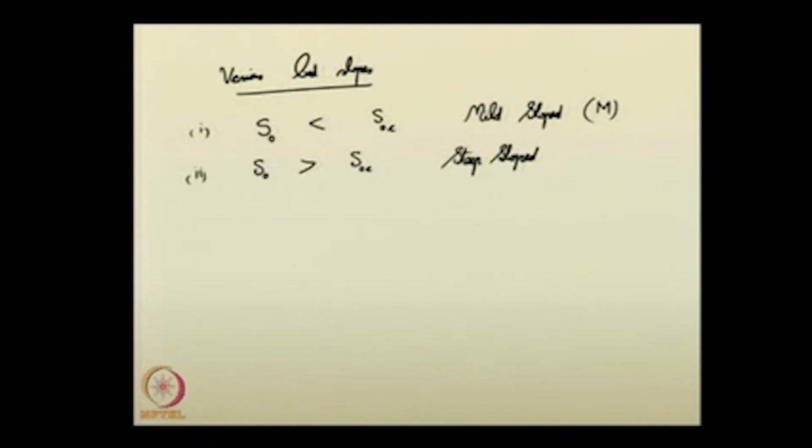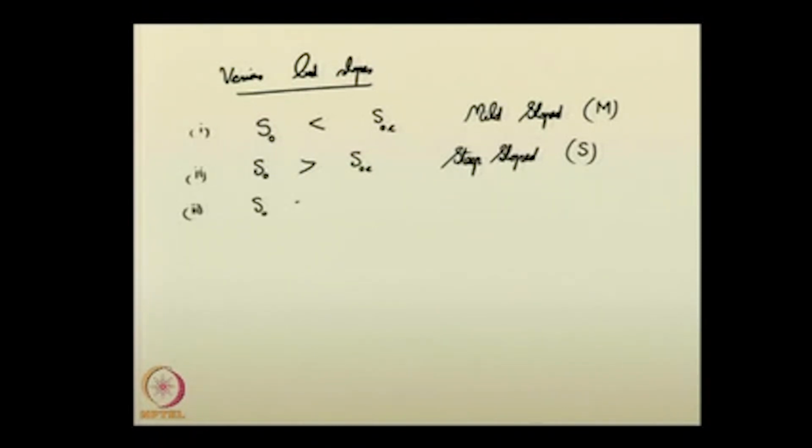If your actual bed slope S0 is less than the critical slope, then this is called a mild slope channel, and we give the abbreviated letter M for mild slope conditions. If your S0 is greater than the critical slope, this is called a steep slope channel, and we give the abbreviated representation S.